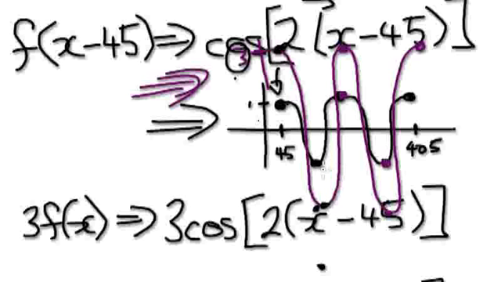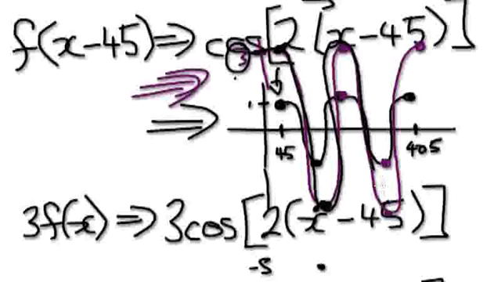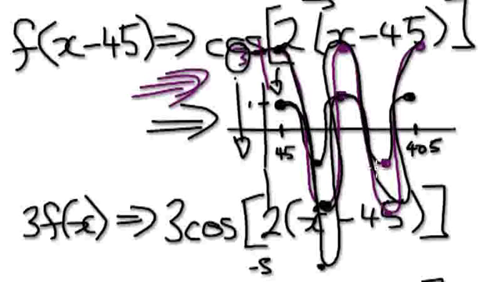This point here was negative 3, and then you drag it down, so now it's negative 5. So this is negative 5. Basically, this whole thing gets dragged down by 2. So your new graph will look something like that.